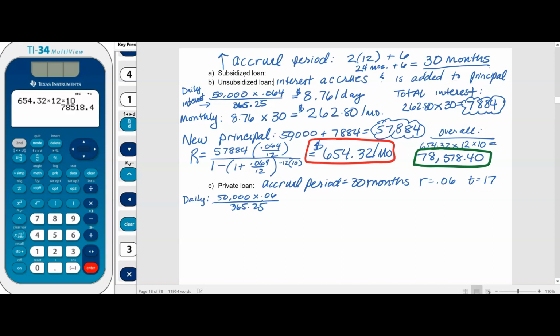And then I'm going to go ahead and just write down that answer to make this a little bit quicker. So $821 per day. And then we're going to find the monthly rate. So we're going to take that daily rate, $821, and multiply it by 30 days, since there are an average of 30 days in each month. And we get $264.30 per month.